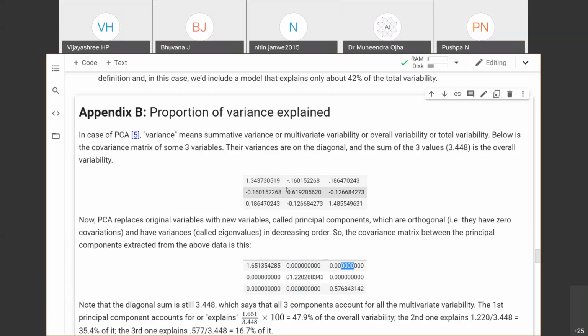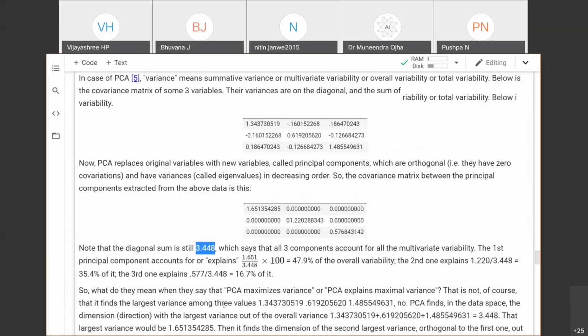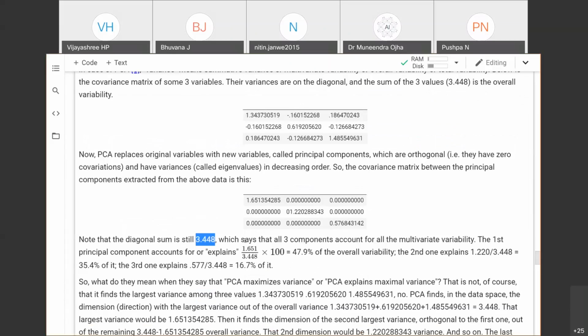So the unique property of performing PCA over this covariance matrix is that in the original matrix, if you add the values of the diagonal, you get 3.448. However, if you add the values on the diagonal of the new matrix, you will again get the 3.448 value. That is a very interesting property, and it can be proved why it is like that.